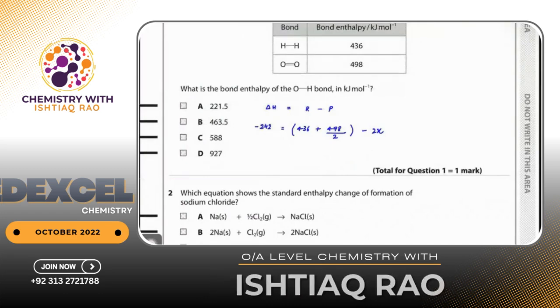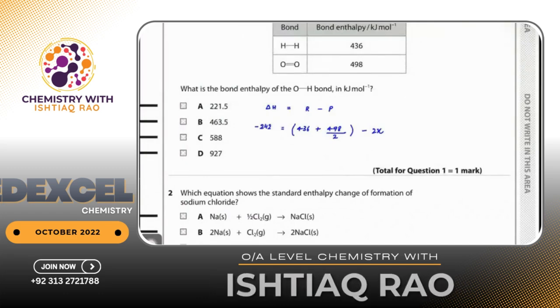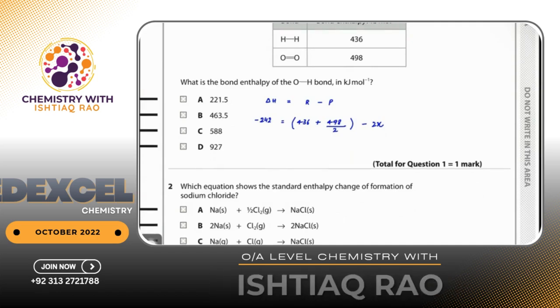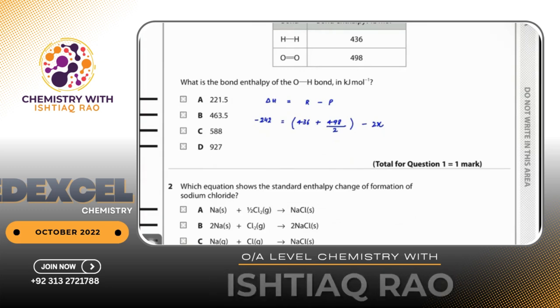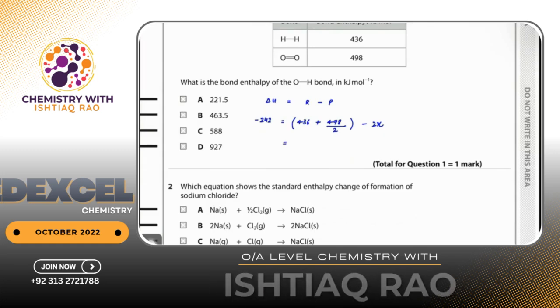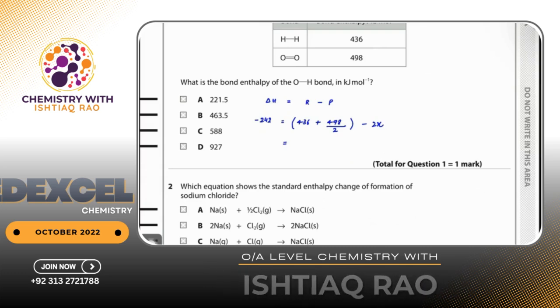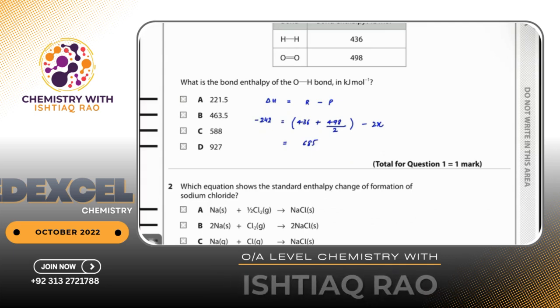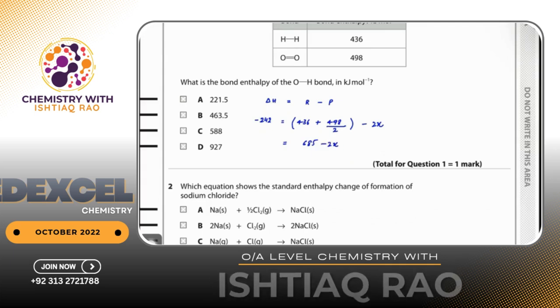What's the answer for this? So the bracket, it's 685. 685 minus 2x is equal to minus 242.